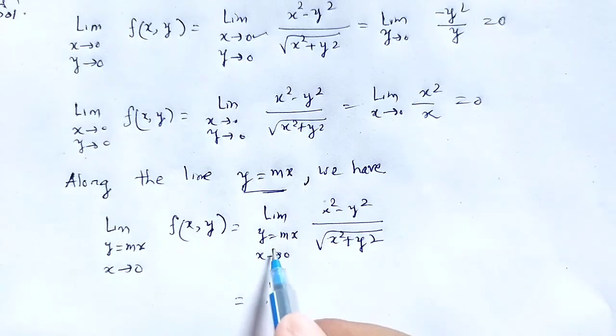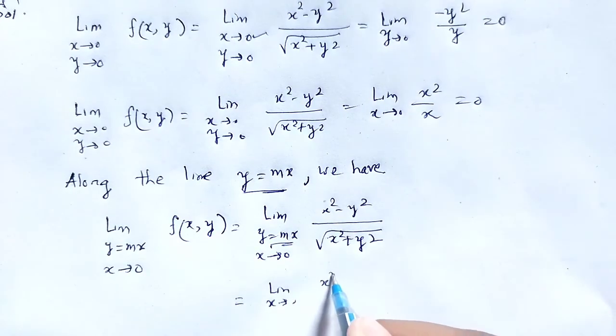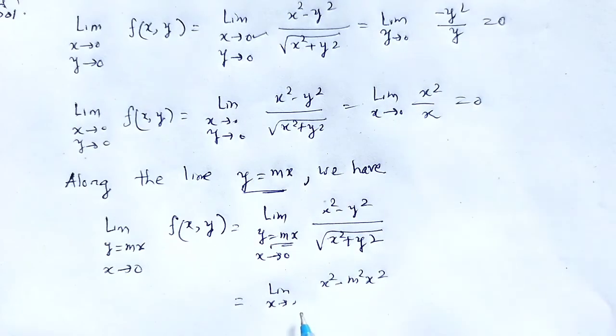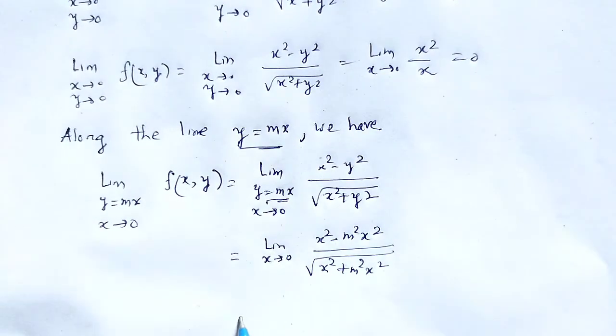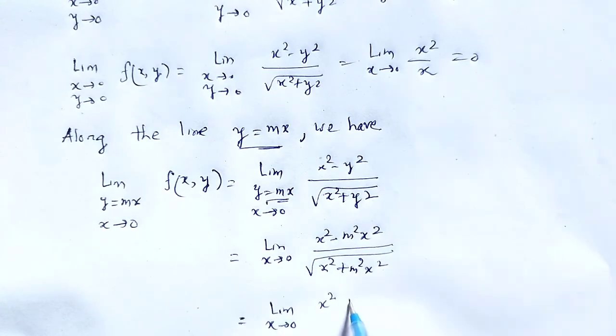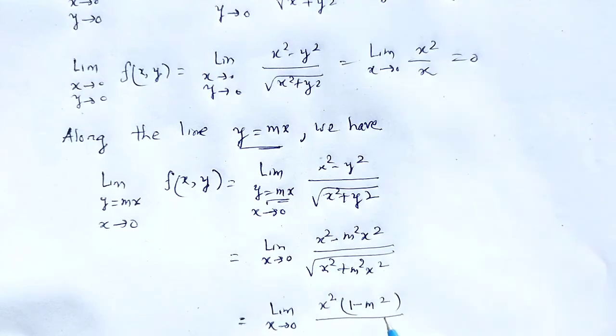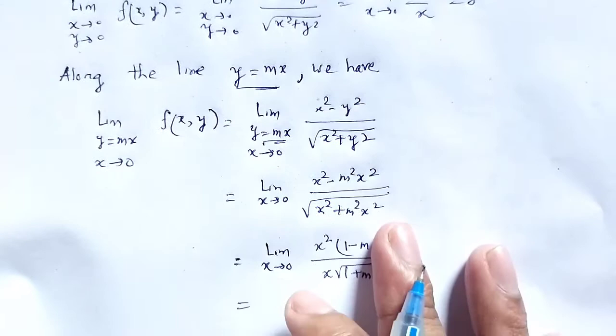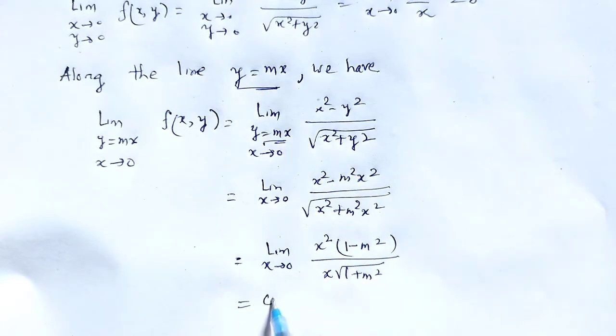Put y equal to mx, so x square minus m square x square divided by the square root of x square plus m square x square, is equal to limit x tends to 0, x square common, 1 minus m square. Taking x square common, the square root of x square is x, times the square root of 1 plus m square. So the limit as x tends to 0 is 0.